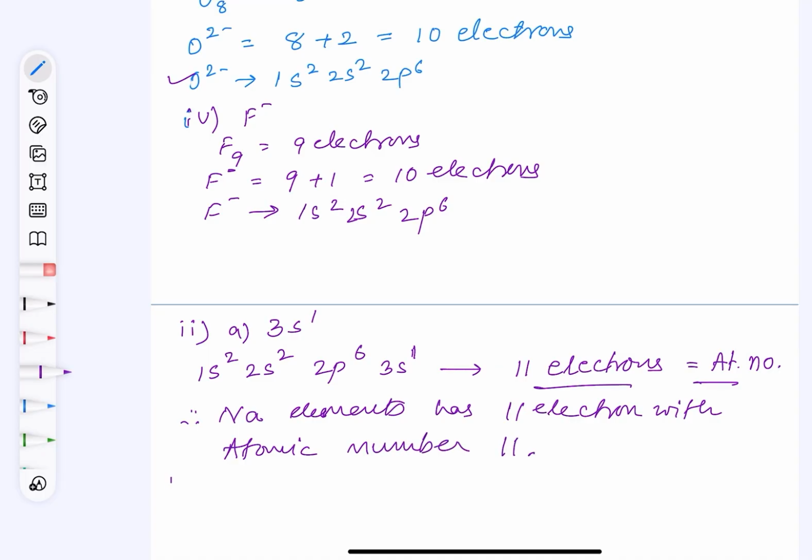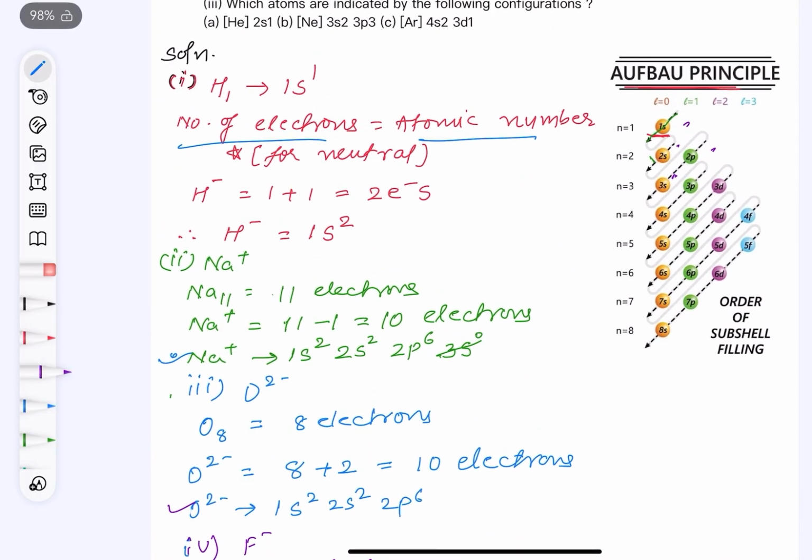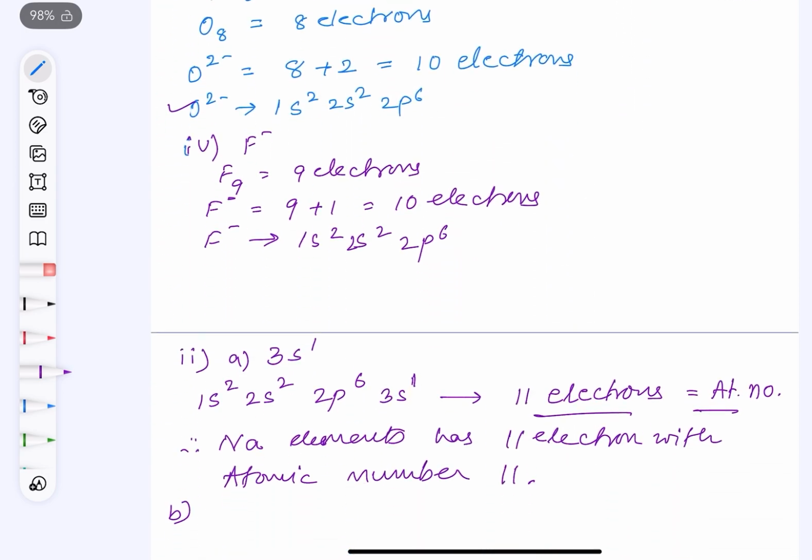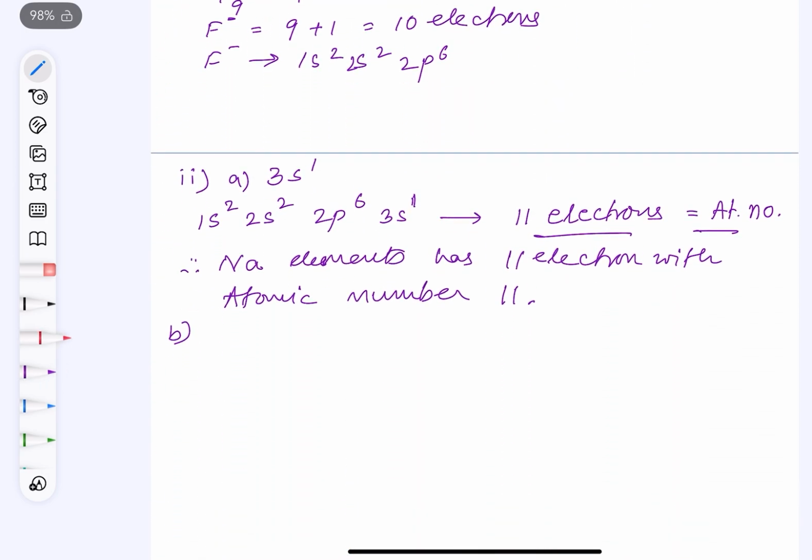Now similarly you are being asked for two more, that is 2p3 and the third one is 3p5. So let us write the configuration again from the beginning. 1s2, 2s2, 2p3. So here you will see that the total number of electrons you are having is 4 plus 3.